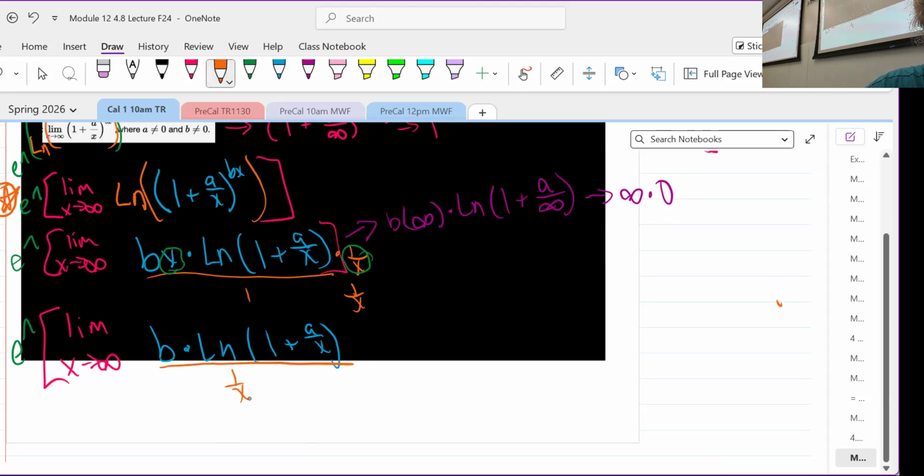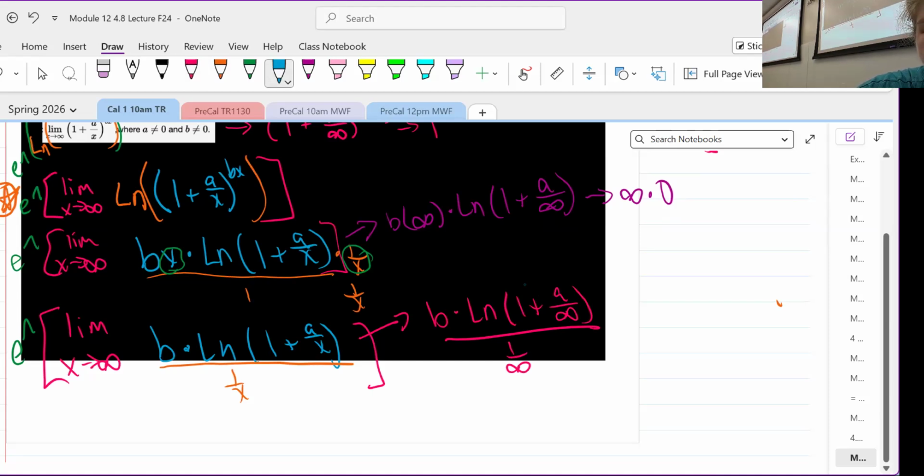And on the bottom, 1 over infinity goes to 0. So we have our 0 over 0 form.